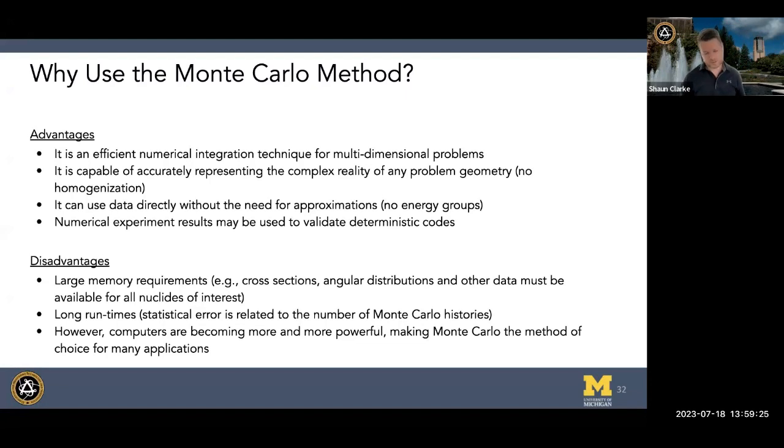If you're interested in more exotic physics, things beyond your typical neutron, photon, electron transport, which are things MCNP and OpenMC are really good at, Geant4 is another open source option that could allow you to access some of these more exotic things like quantum effects. And in terms of k-effective, most packaged Monte Carlo codes, like MCNP and OpenMC, have their own eigenvalue solver built in, and that's how k-effective gets done in Monte Carlo. It's an iterative eigenvalue calculation.